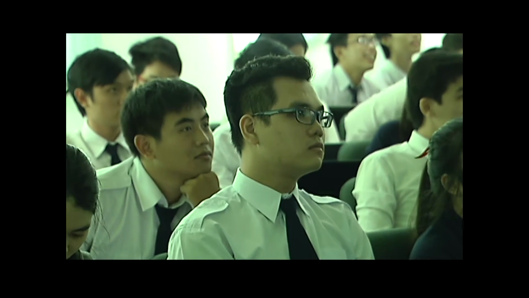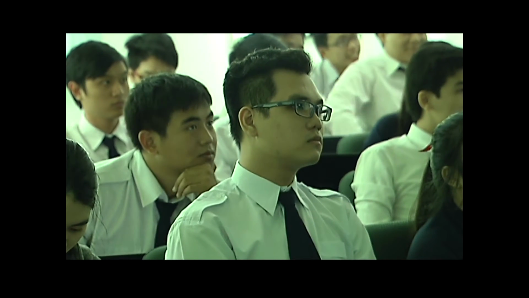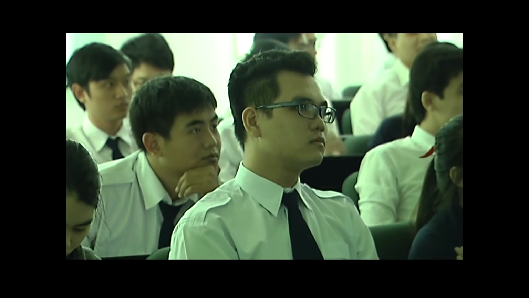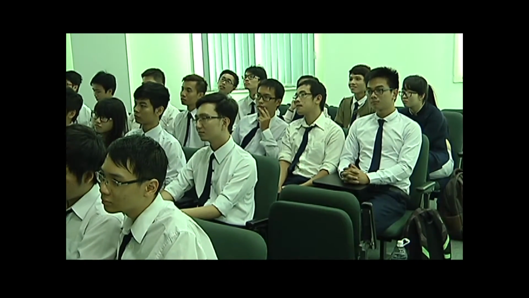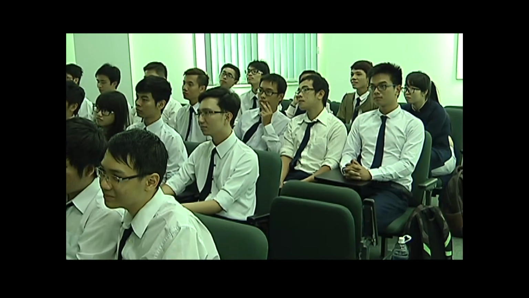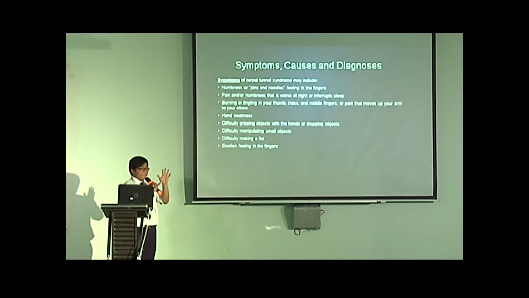Because of the anatomical structure presented earlier, you know that the median nerve controls the 3.5 fingers right here. So if the median nerve is compressed inside the carpal tunnel, you will lose control and lose feeling in these 3.5 fingers.